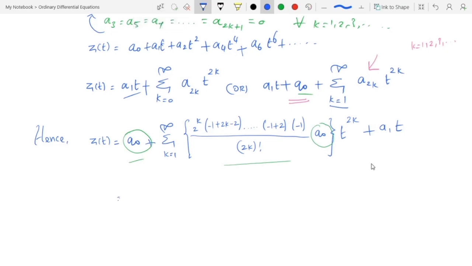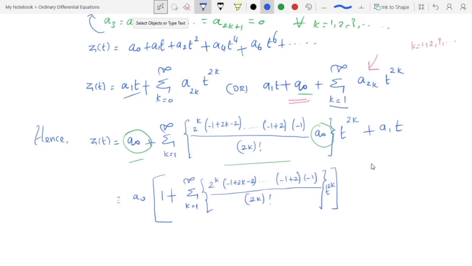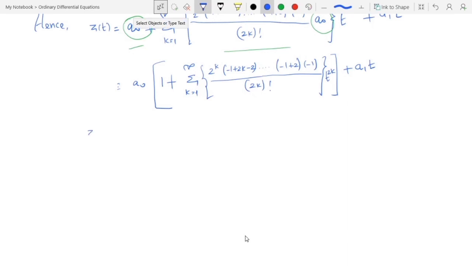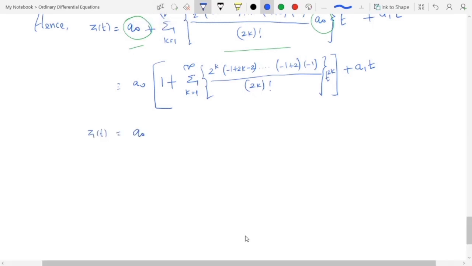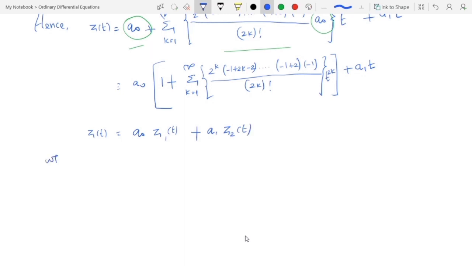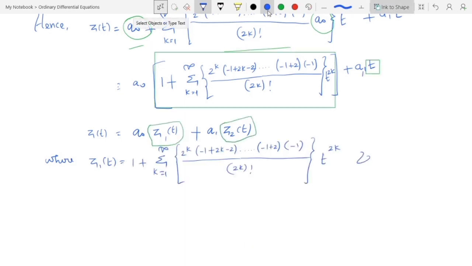Now we can write a0 into 1 plus summation k varies from 1 to infinity 2 power k minus 1 plus 2k minus 2 plus a1 t, or write it as z of t is equal to a0 z1 of t plus a1 z2 of t, where z1 of t is equal to the series and z2 of t is equal to t.